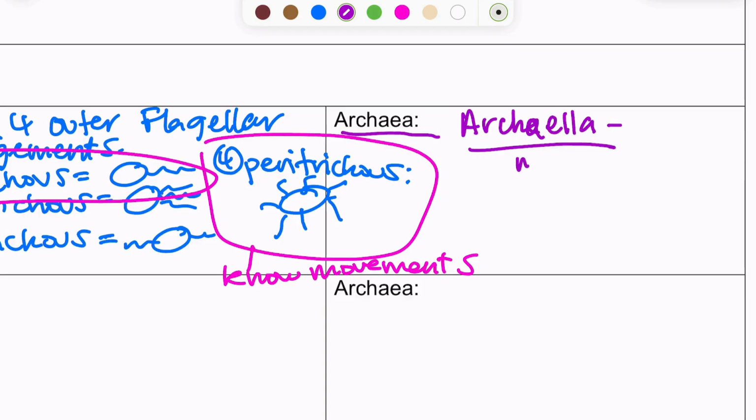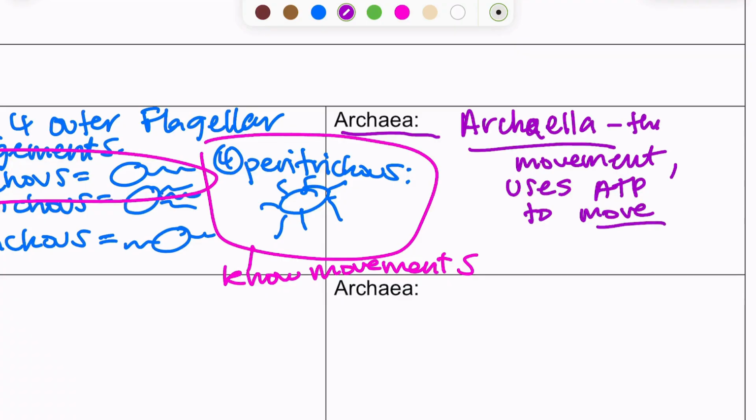So this is for movement of the archaea, and it uses ATP to move it, and it's a thinner, not as thick as the bacteria flagella.